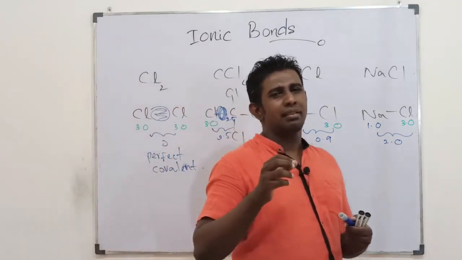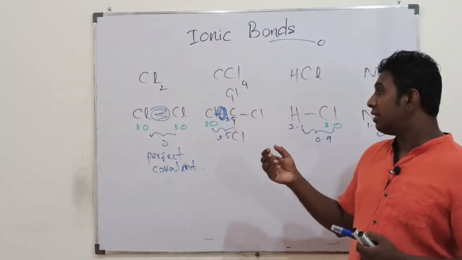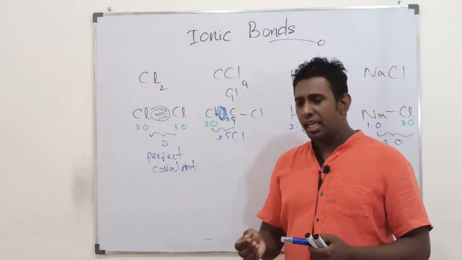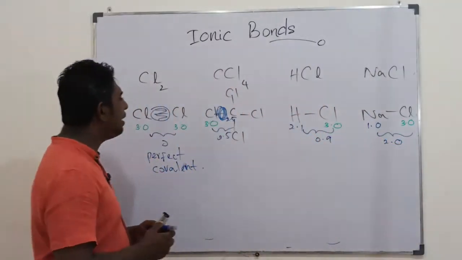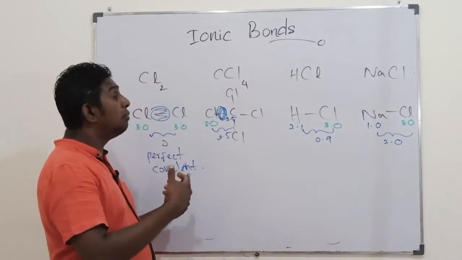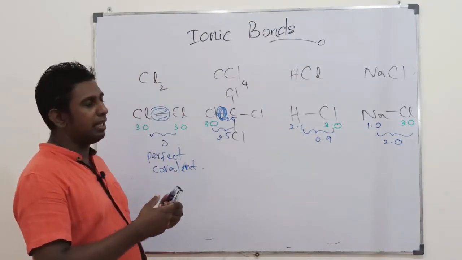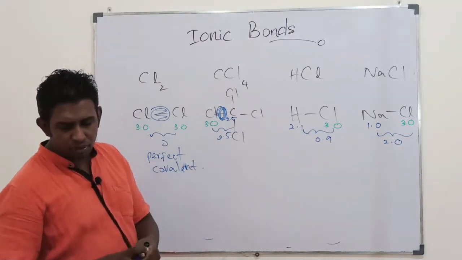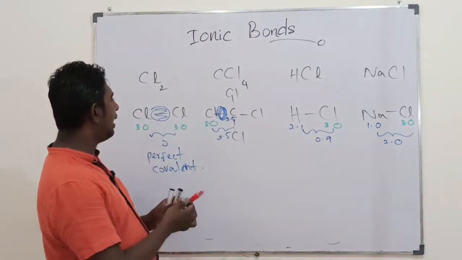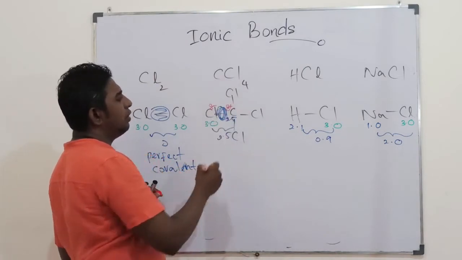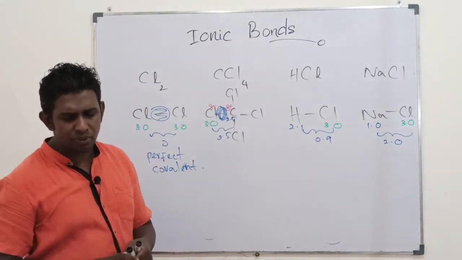Carbon is partially losing electrons, so we assign slight positive and slight negative charges.